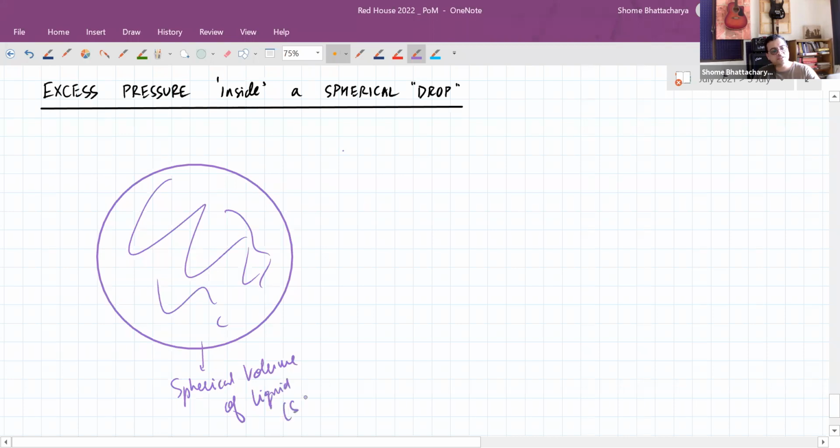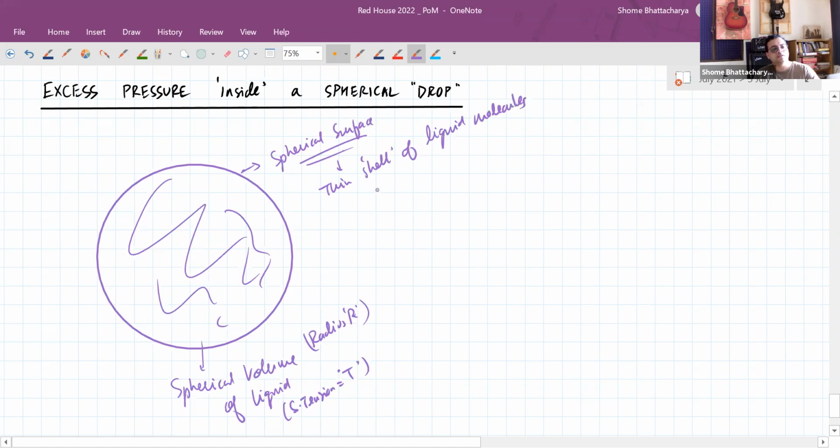Now that liquid has surface tension equal to T, and this has radius equal to R. Now that body of liquid is bounded by a spherical surface. So that spherical surface is like a thin shell of liquid molecules, and that acts like a sort of like an elastic membrane.